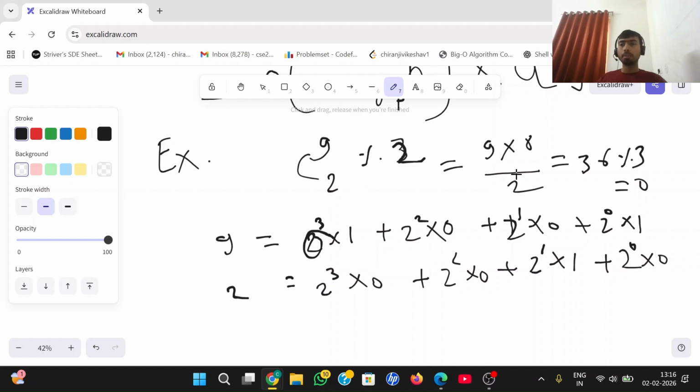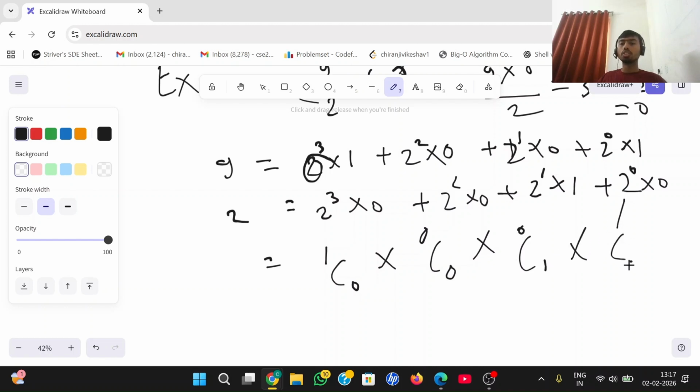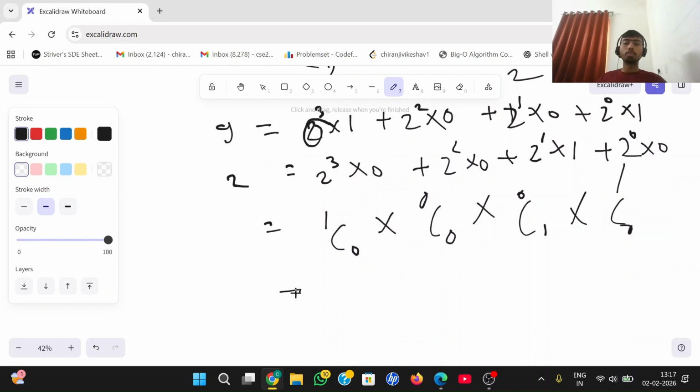I will give you another example. 36 modulo 2 is still 0. So let's see here the value of 1C0 multiplied by 0C0 multiplied by 0C1 multiplied by 1C0. What is going to be the value of this? It is going to be 1 multiplied by 1 multiplied by 0.